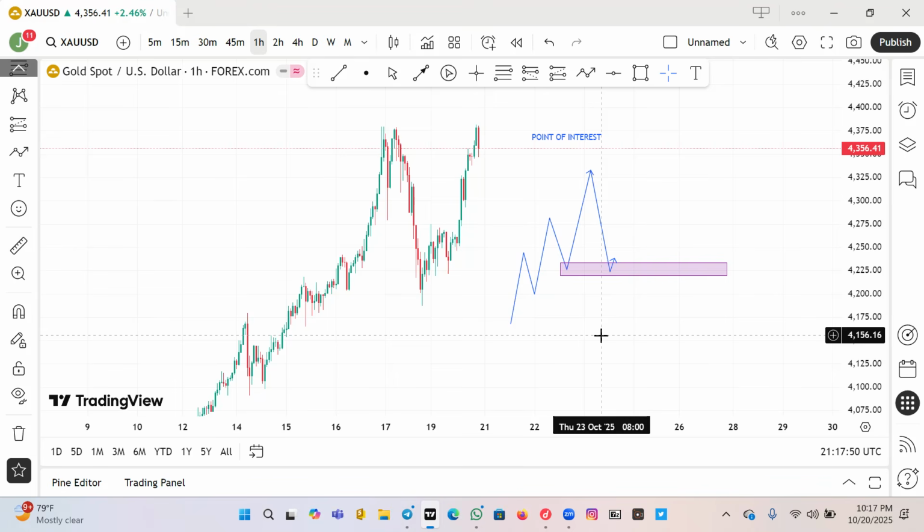These are the most profitable candle confirmations I have seen or used so far. If you want to be profitable, use these six candle confirmations in your entry. It will increase your win rate.